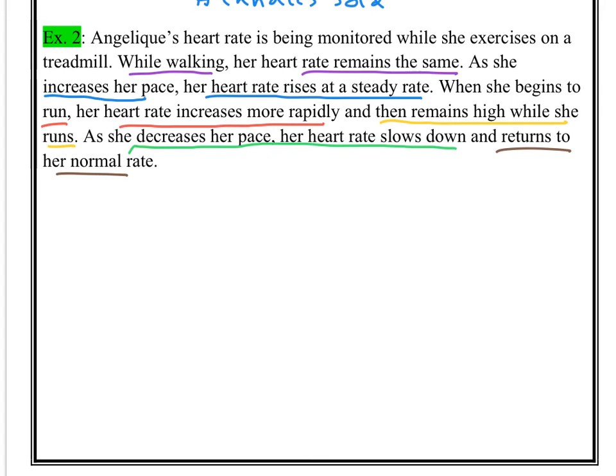Okay, so let's go ahead and make the graph. The two things that we're comparing would be her heart rate over time when she's doing all of this: walking, running, slowing down, and that kind of thing. So the independent variable, which goes on the x-axis, is time. Time is always independent of anything. Nothing can affect time.